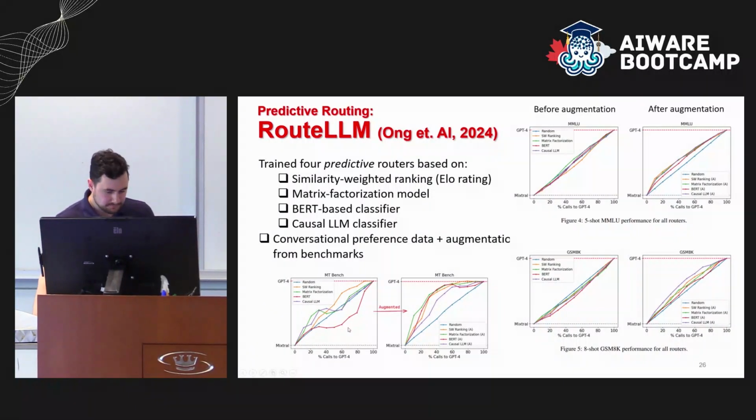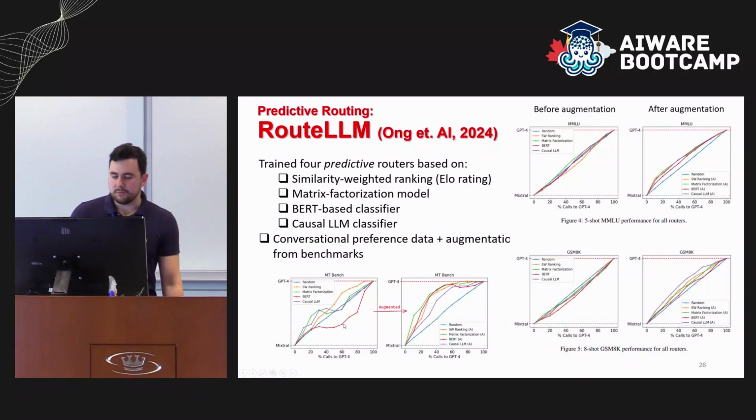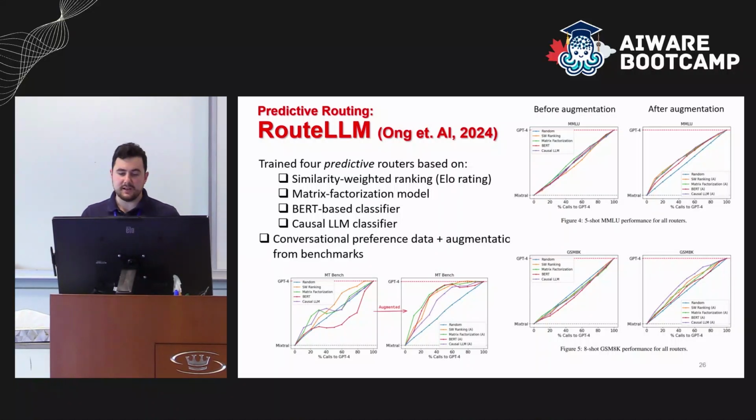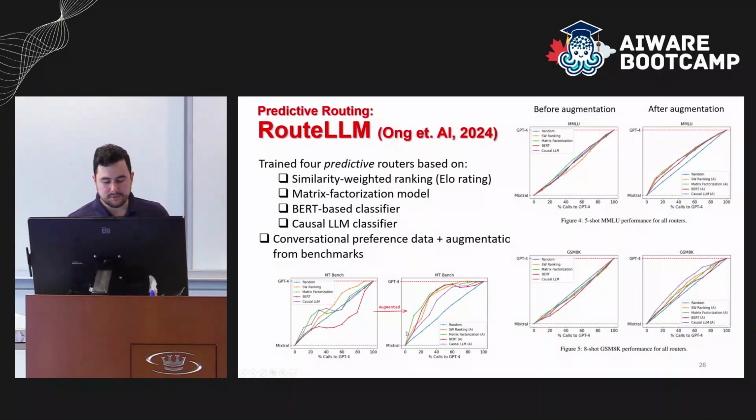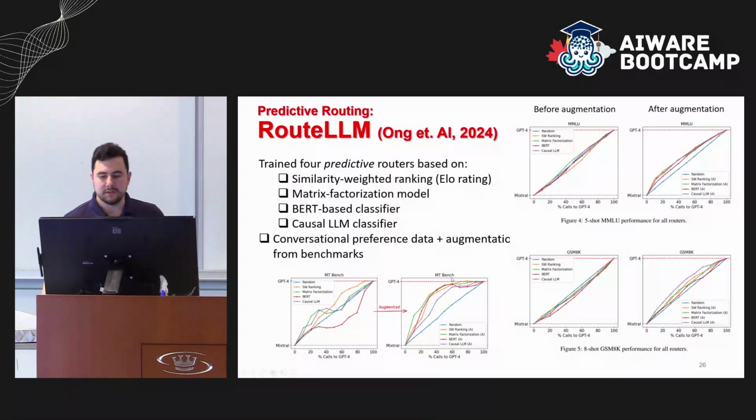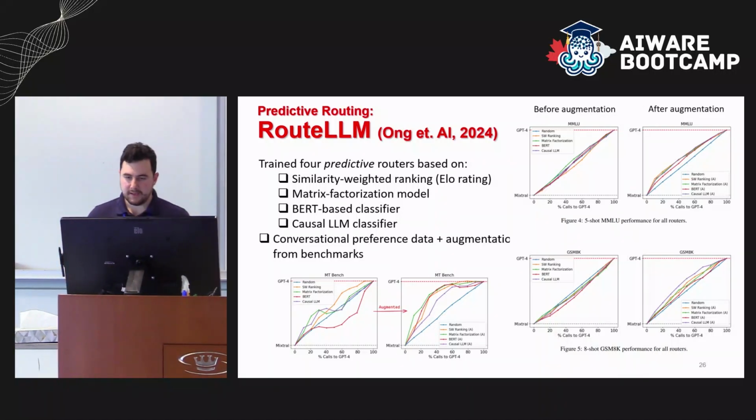Some are better. But then they found out that when you add more diverse data from these other benchmarks, well, look at that, our performance improved quite a bit. But if you look at the graphs over here before augmentation, remember that the routers on the left side of this graph were only trained on conversational data.